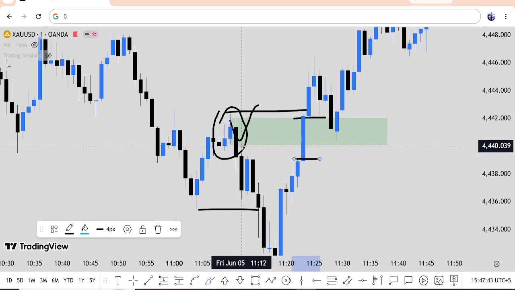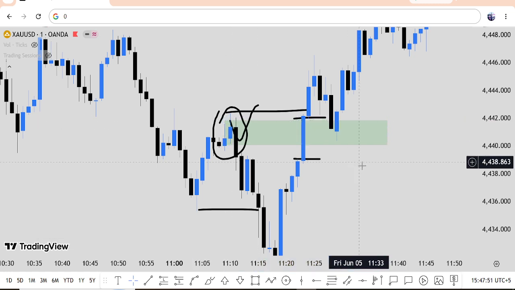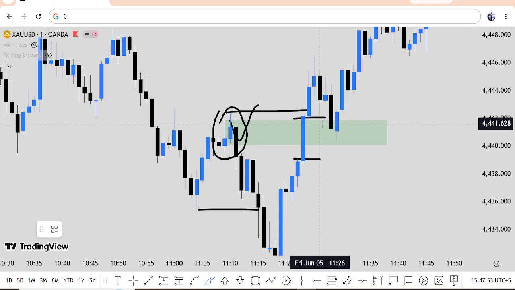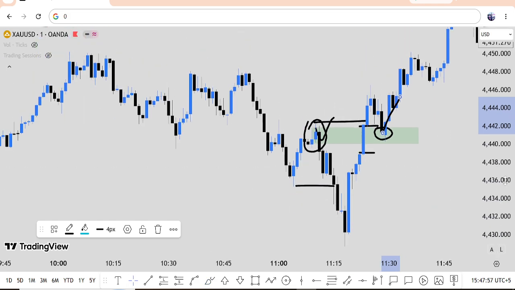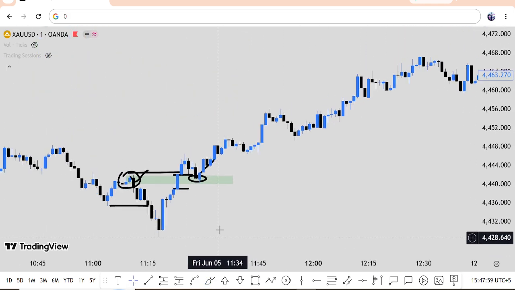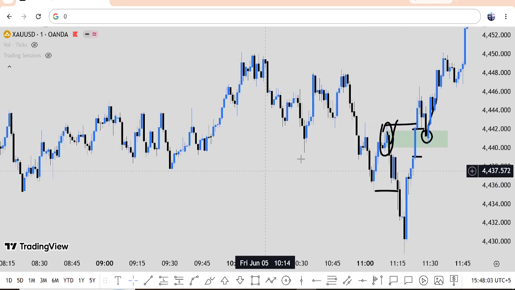The area where these two are overlapping is this area indicated by the green rectangle. You can see price just tested the breaker block and price went up. So you see a perfect trade was given by the unicorn model.